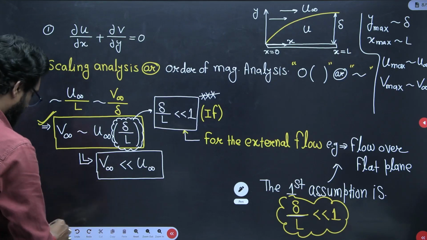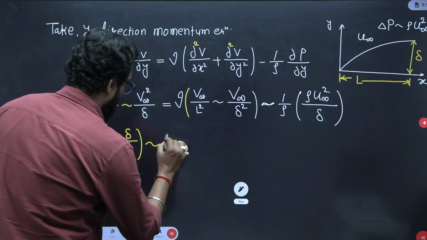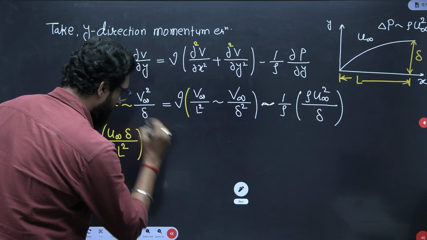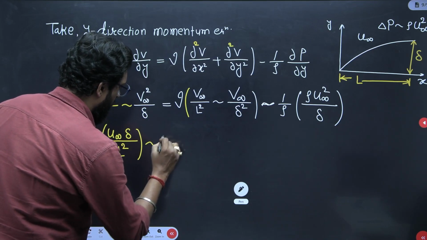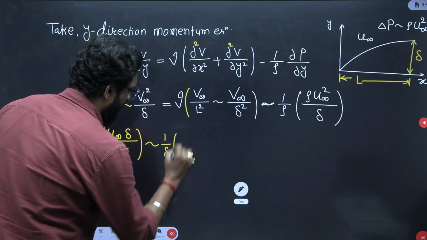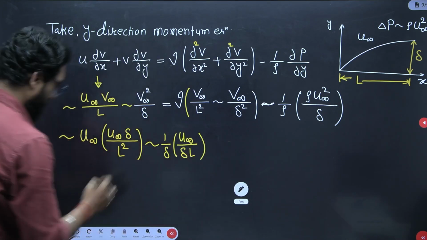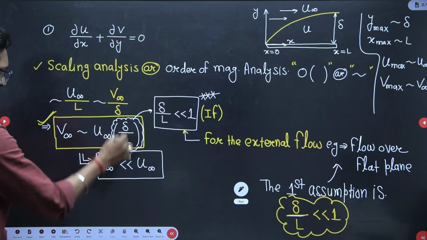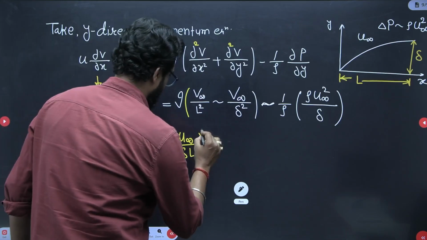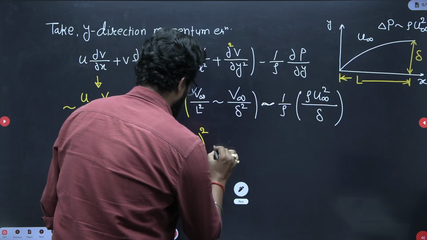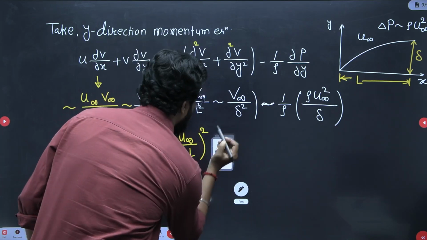U infinite delta by L. So, u infinite delta by L, that means delta 1 by delta u infinite delta by L, yes or not? U infinite delta by L square. Okay, what is this one? Order of magnitude, you can take equal, no problem.